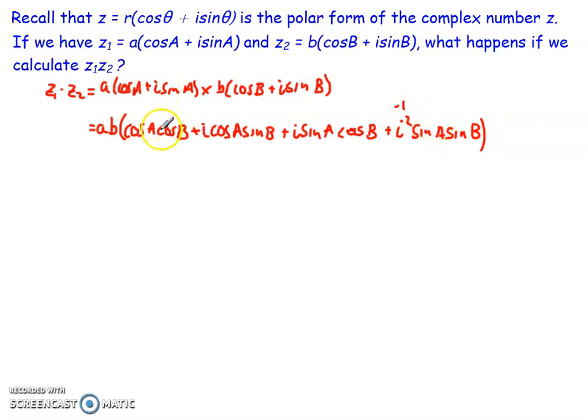So I've got a couple of real parts and a couple of imaginary parts. Let's see if grouping them together actually helps. So again, keep the ab out there.